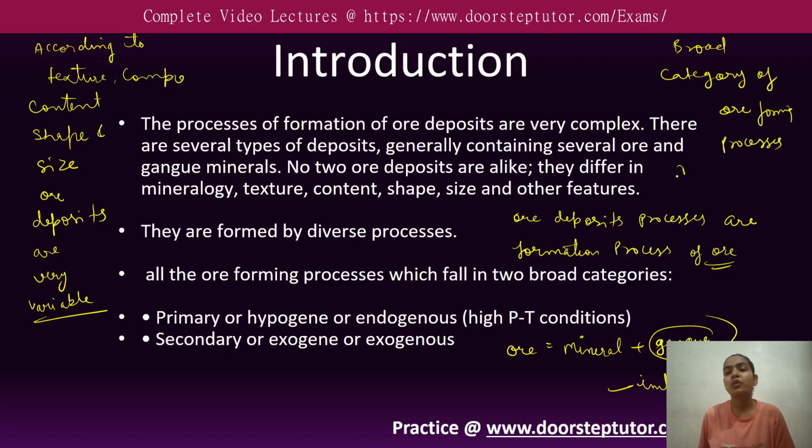First is primary, also known as hypogene, and also known as endogenous. These primary, hypogene, endogenous processes occur at very high temperature and high pressure conditions. Second is secondary, which is the exogenous process, which occurs at moderate pressure and moderate temperature conditions. So this is a very broad category based on outer formation or inner formation. If it is an inner formation, it is endogenous, high pressure and temperature, or primary, or hypogene.